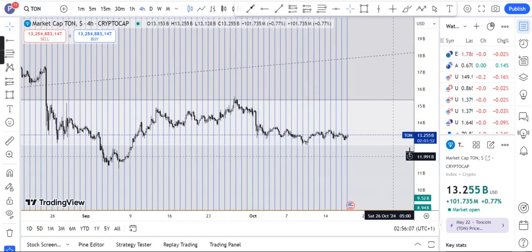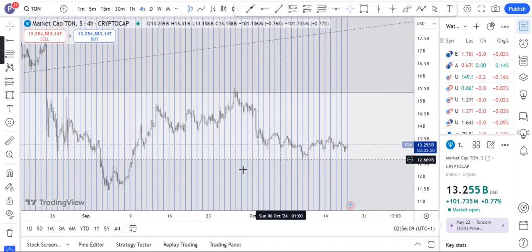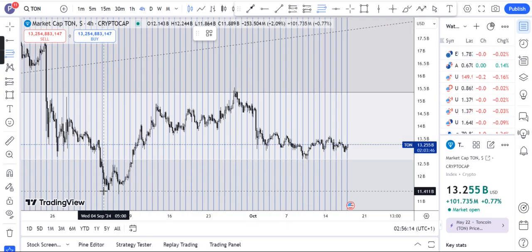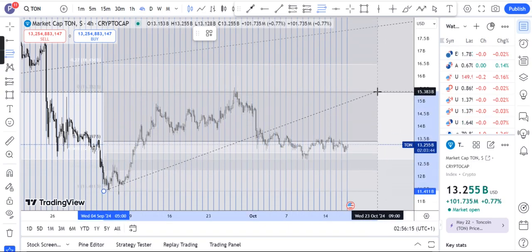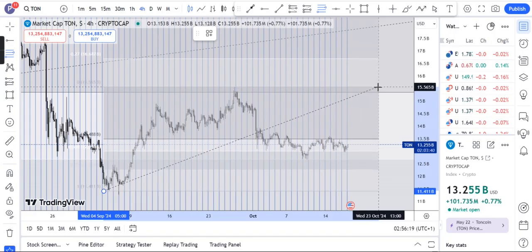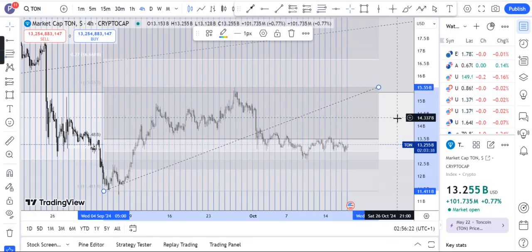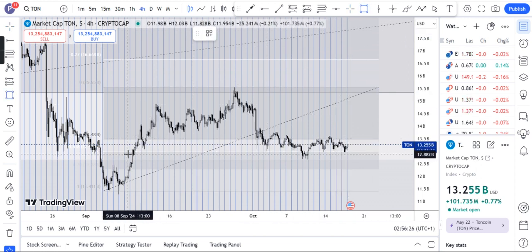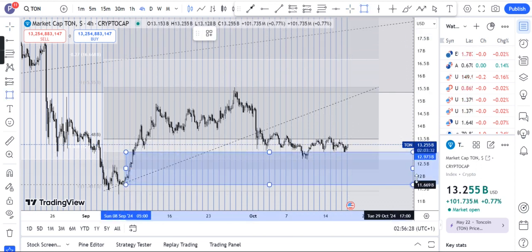Let me delete that. It's still a good price to purchase based on the fact that we can see the desired direction based on these two zones. The market is actually respecting this area.